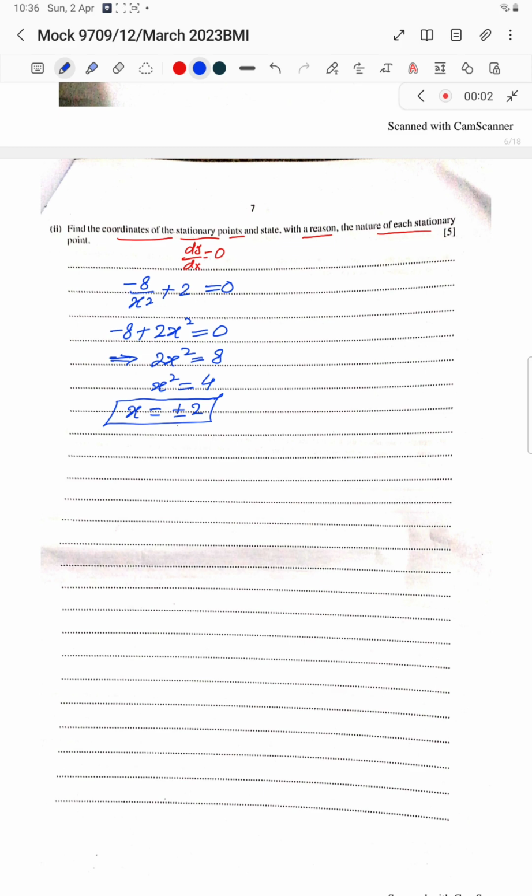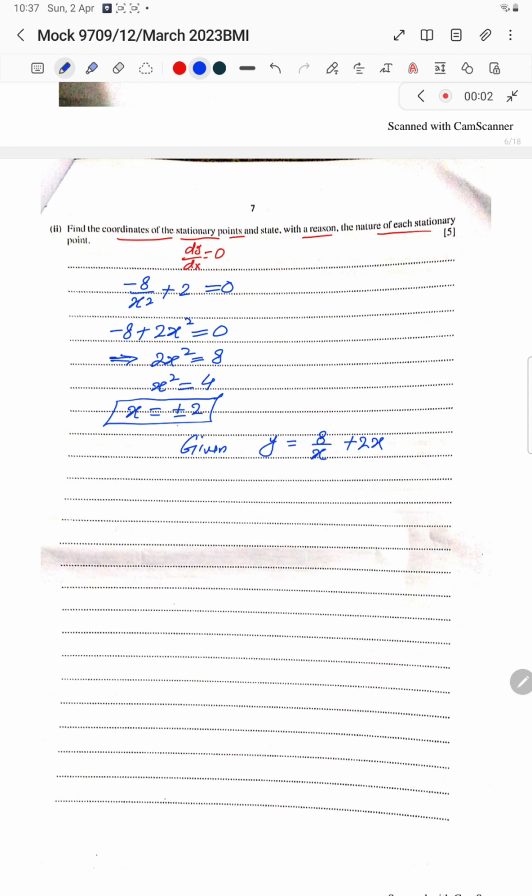Right, guys. Now we have this, and the original function that was given, whose differentiate was this, let me check, was 8 over x plus 2x.